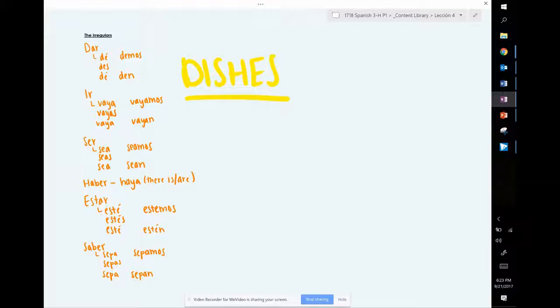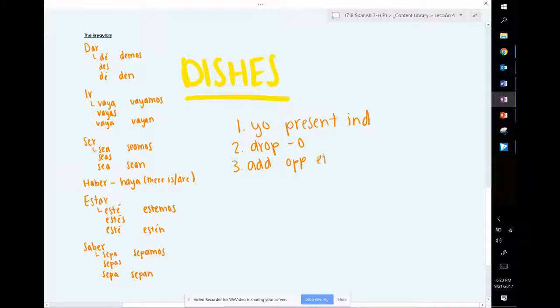So to recap, to conjugate a verb into the present subjunctive, first thing we're going to do, go to the yo form of the present indicative, drop the O, add your opposite ending. We can't forget about car, gar, zar changes. What happens with stem changers?